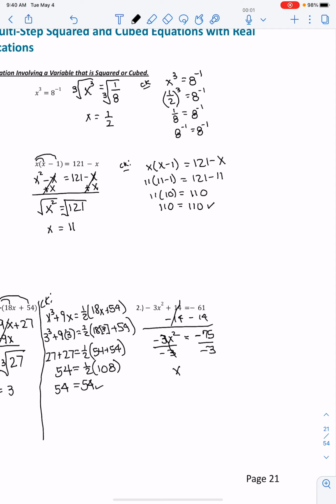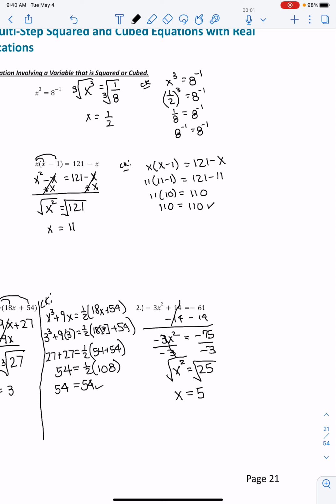So I get x squared equals 25. And from here, I can take the square root of both sides. Therefore, x equals 5.